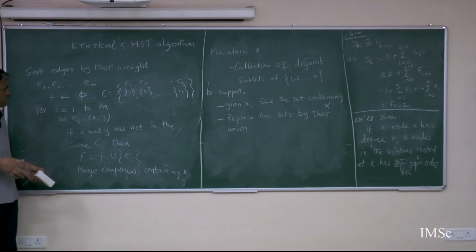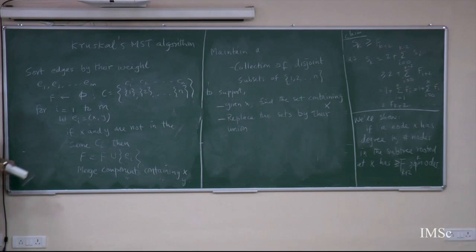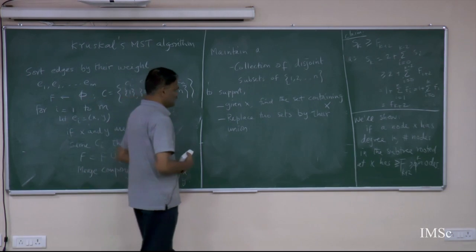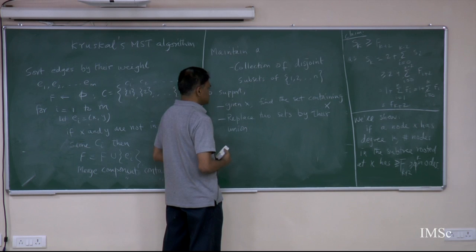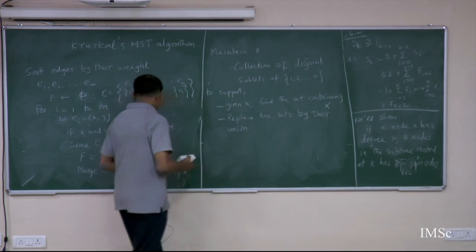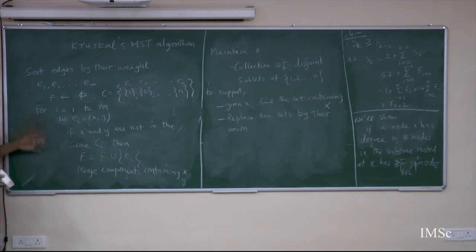How many unions does this minimum spanning tree algorithm do? n minus 1. Why? Because the number of edges has to be n minus 1.